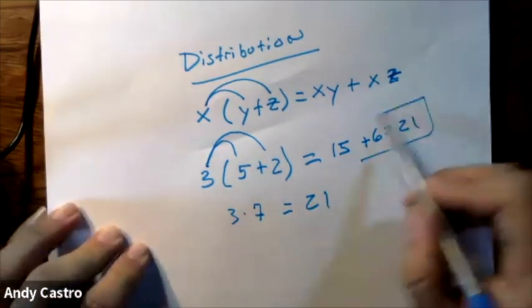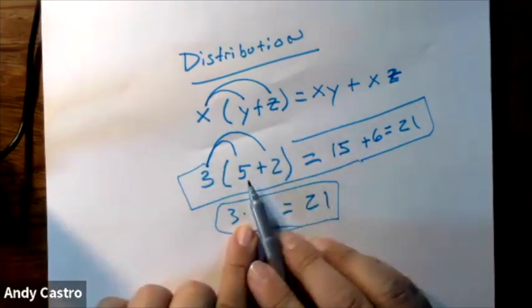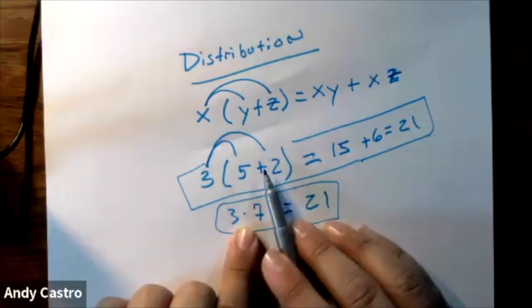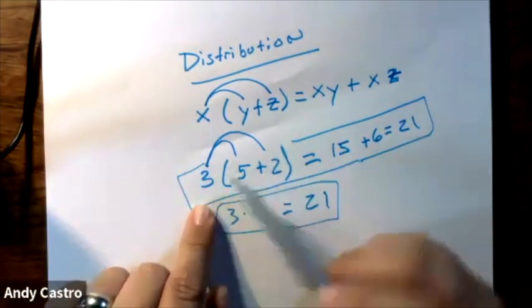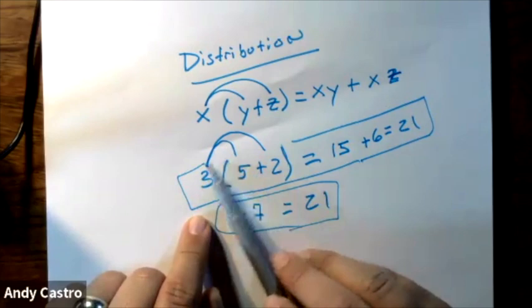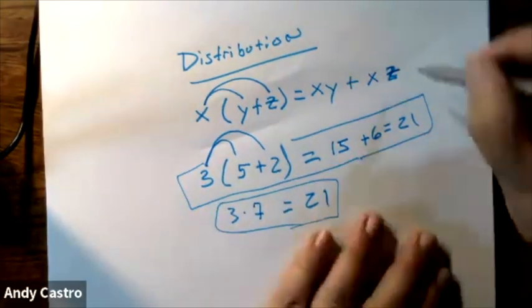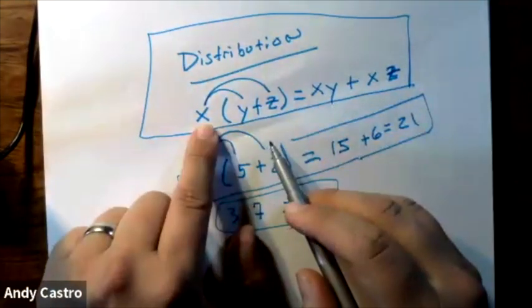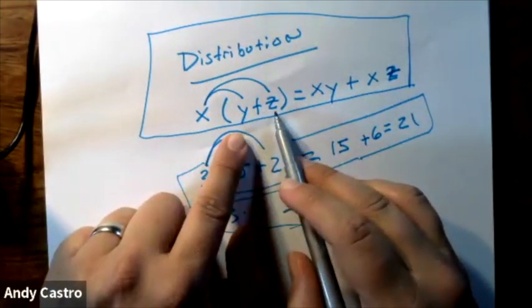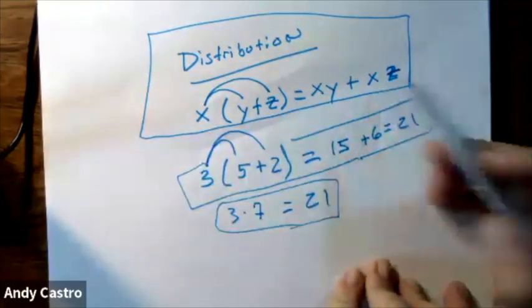So we've proved to ourselves by using an example that if we execute what's inside the parentheses and then multiply, it's the same thing as if we distribute what's being multiplied across addition or subtraction. So this is the big thing to know. x times the quantity y plus z is always x times y plus x times z.